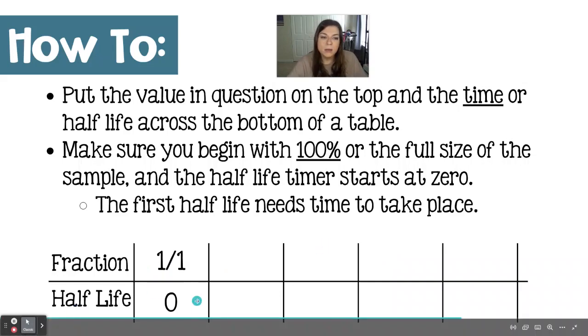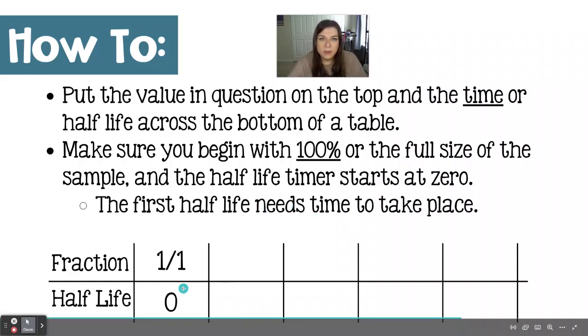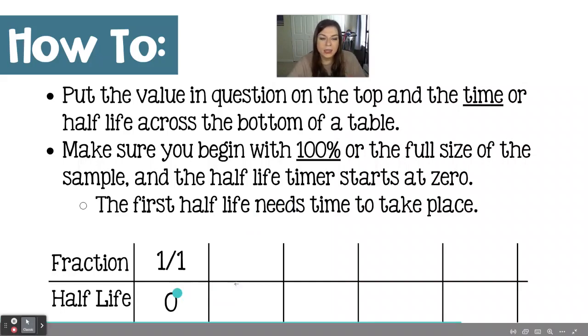Then across the bottom, you would have the half-lives. Now, the half-life is the amount of time that you need for this sample to decay by half of its mass. At the very beginning, you are at time equals 0. That is when you begin, and then you would add the half-life going on.